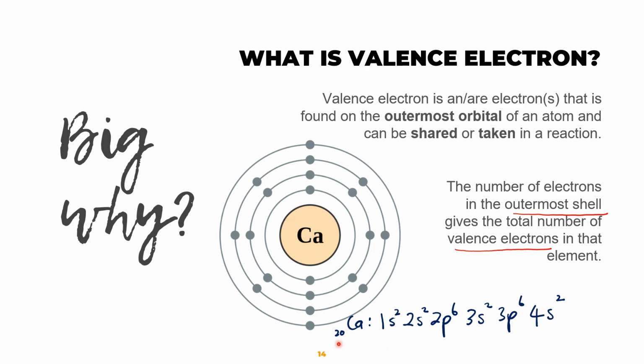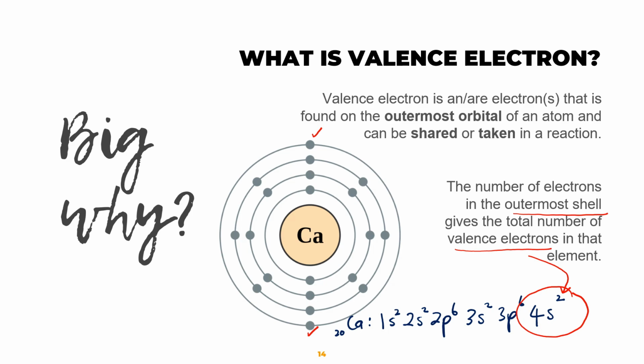So from this proton number, you can write the electronic configuration. From here, we can find out that the last configuration here, we call it the valence configuration. In this valence electronic configuration, we can find the valence electrons, which is 2. These 2 electrons here, we can find in this outermost shell or valence shell.